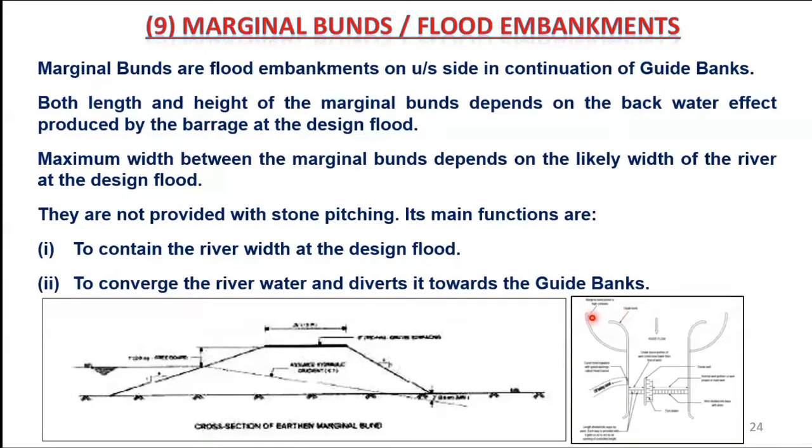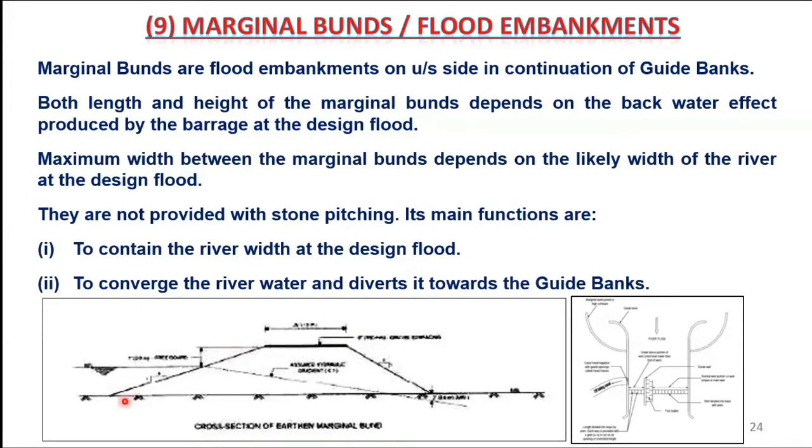And the height of the marginal bunds depends on the stage which occurs at the design flood. All right. So it means all dimensions we have to compute on the design flood.